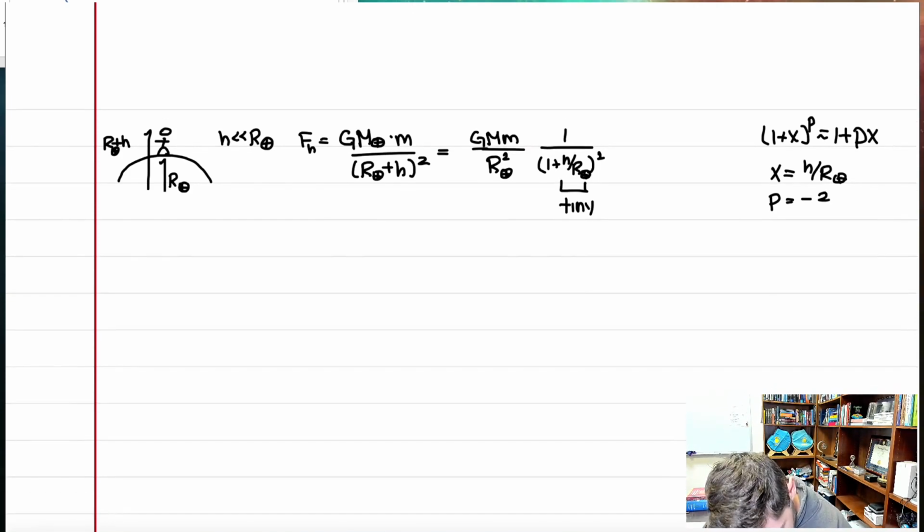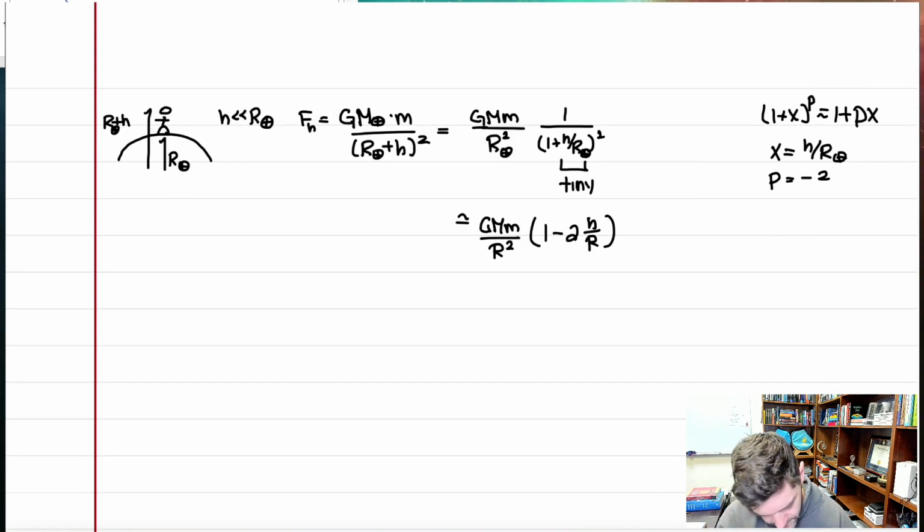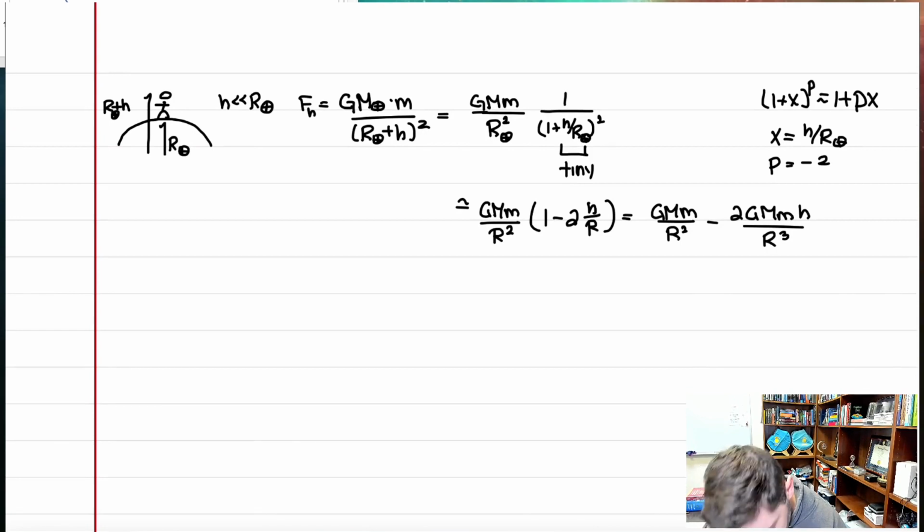So then this force looks like it is going to simplify to G M little m over r squared times (1 minus 2h over r). Or if I multiply that through, rather, it's GMm over r squared, and then minus 2GMm h over r cubed.